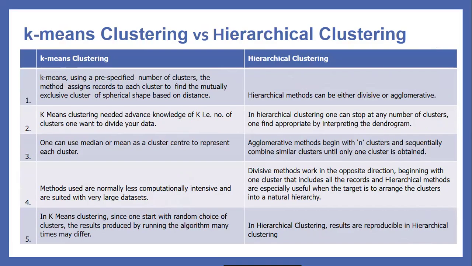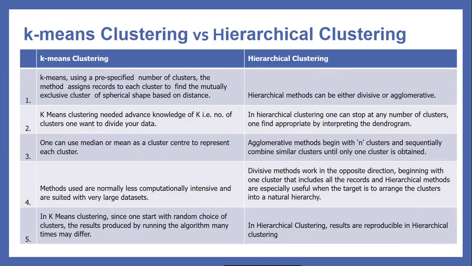Moving to the question: K-means clustering versus hierarchical clustering. K-means uses a pre-specified number of clusters. The method assigns records to each cluster to find mutually exclusive clusters of spherical shape based on distance.